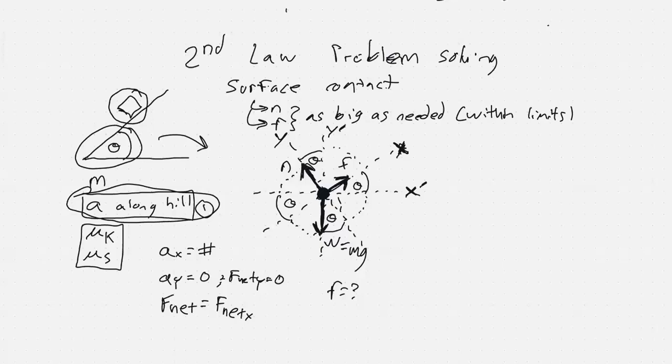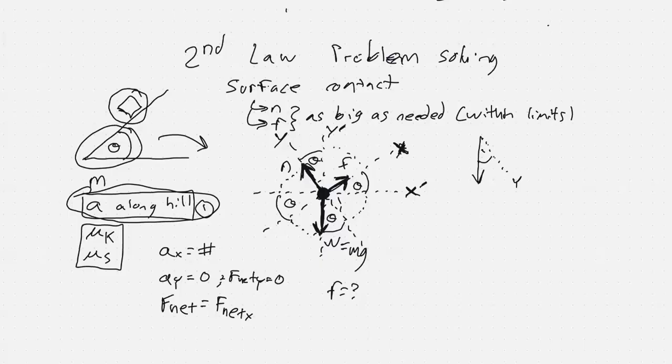Weight doesn't lie on either axis, so I would have to find the components of weight. So weight in this case points down. There's my y-axis, and there's my angle. So I would have a y component of weight that might look like that, and an x component of weight that would look like that.